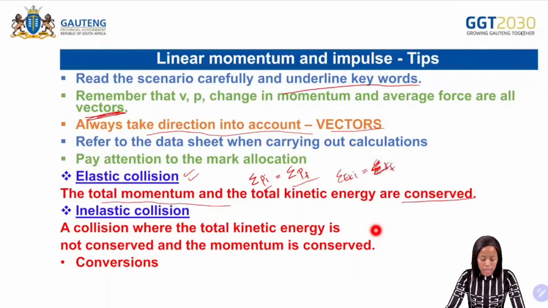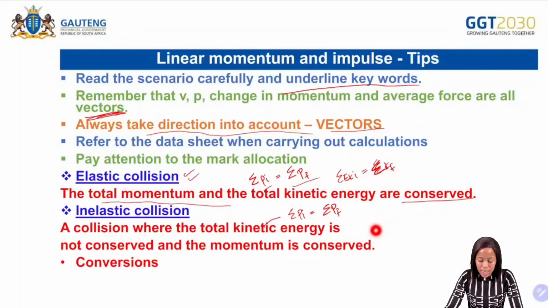Now in an inelastic collision, what are we saying? A collision where the total kinetic energy is not conserved, and the momentum is conserved. So the sum of the momentum before is the same as the sum of the momentum after the collision.